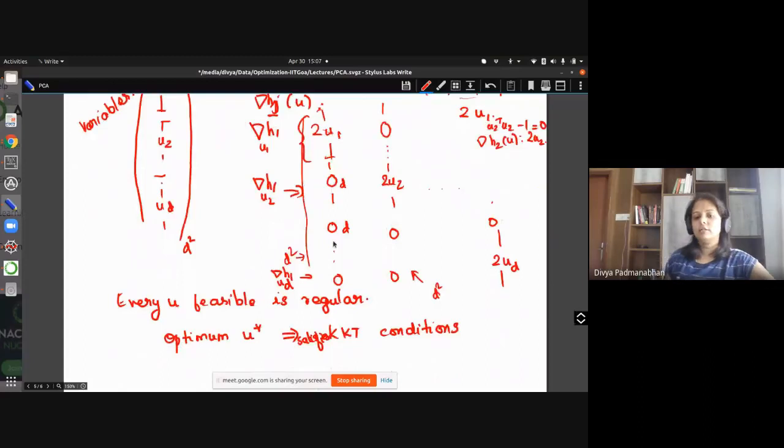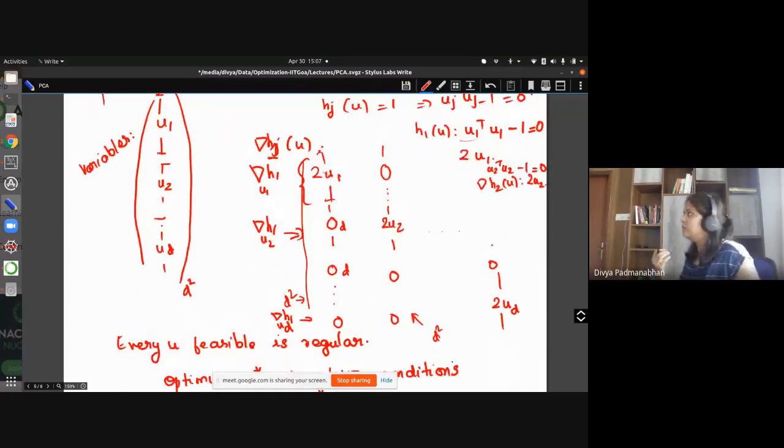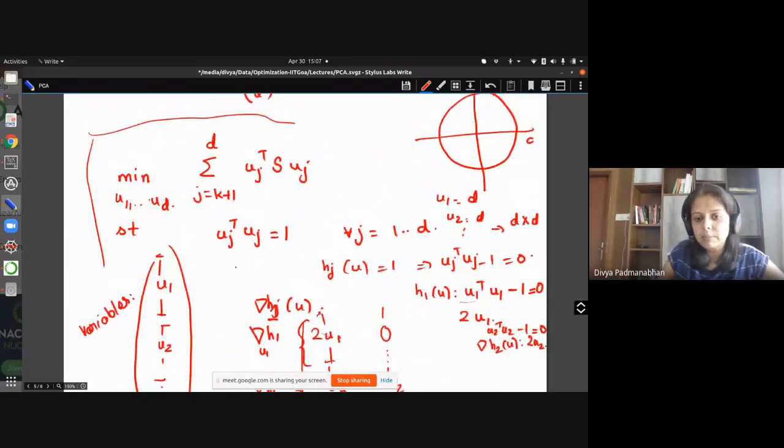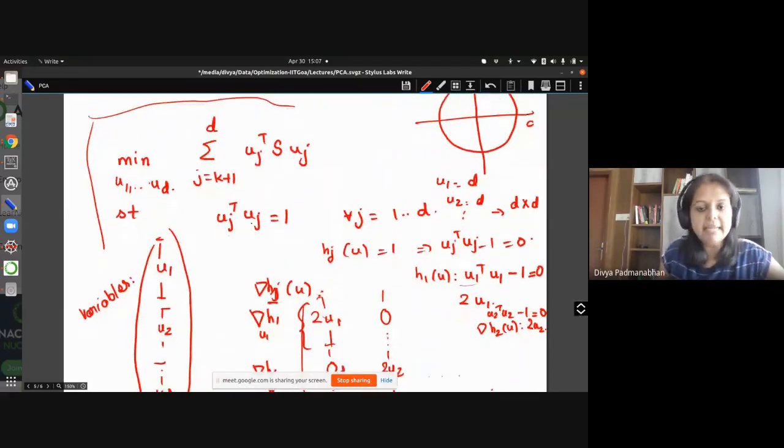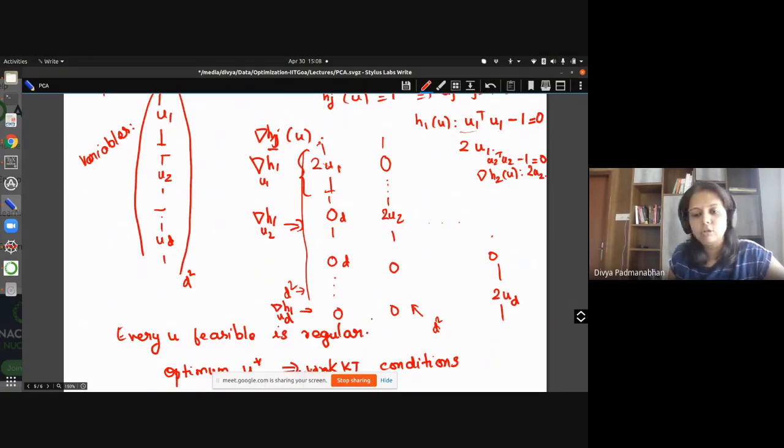Okay, so what I'm trying to get at is, every feasible point here, any collection of vectors u1 to ud that satisfies uj transpose uj equals 1, as long as it does that, this point is going to be regular.